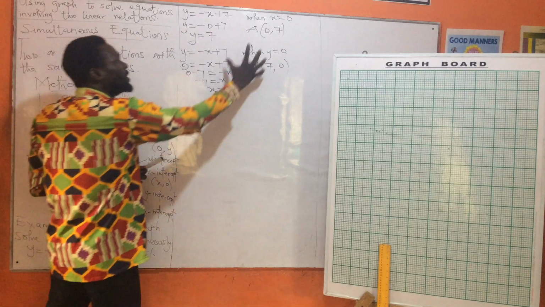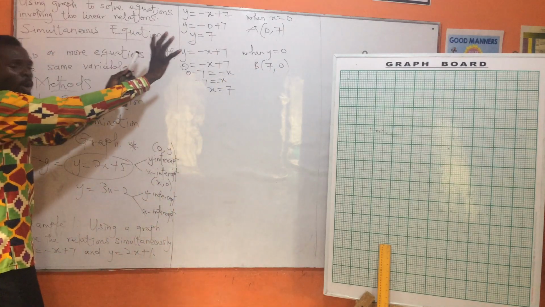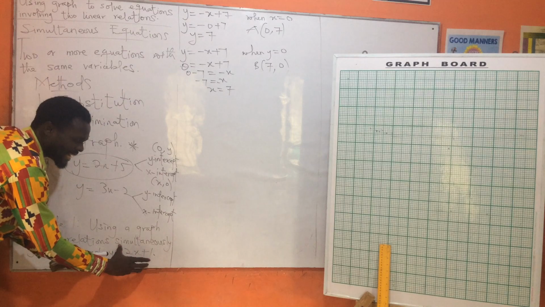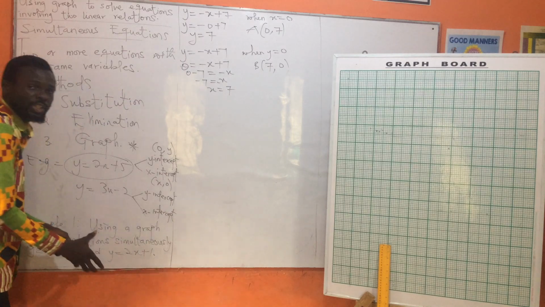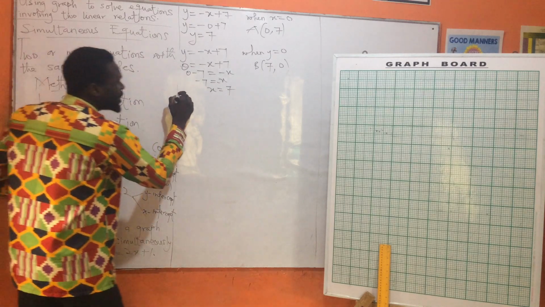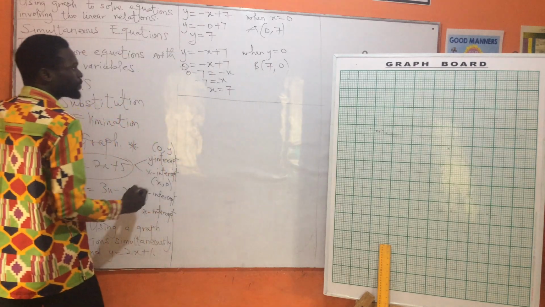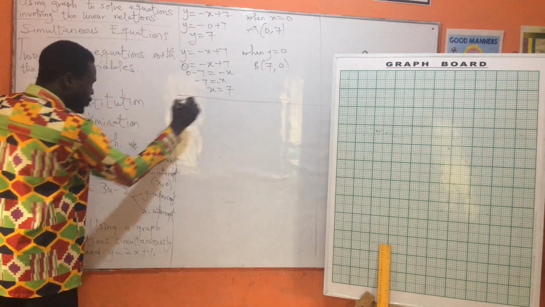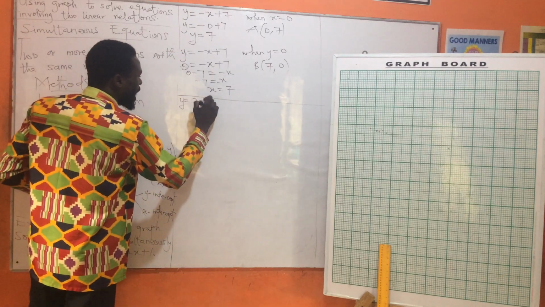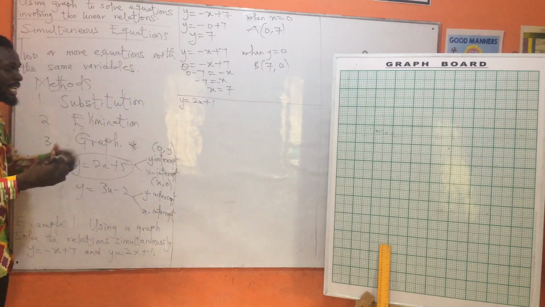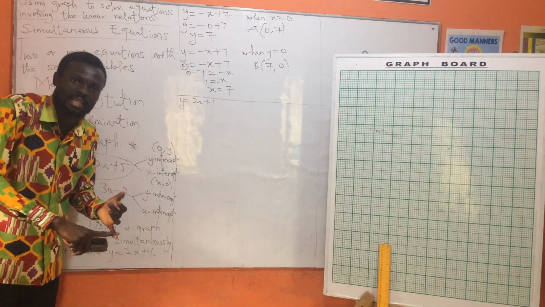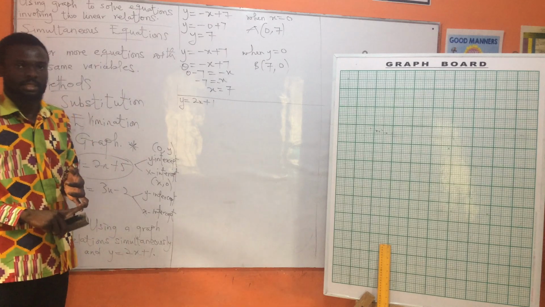So now that we have these 2 points, let us pause and also find another 2 points for the second relation. The second relation has been given as y is equal to 2x plus 1. For this one, I have to find the x-intercept and also the y-intercept.